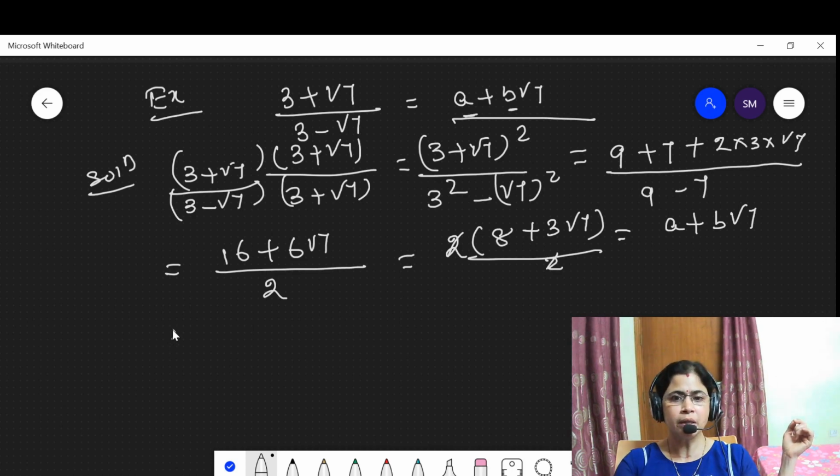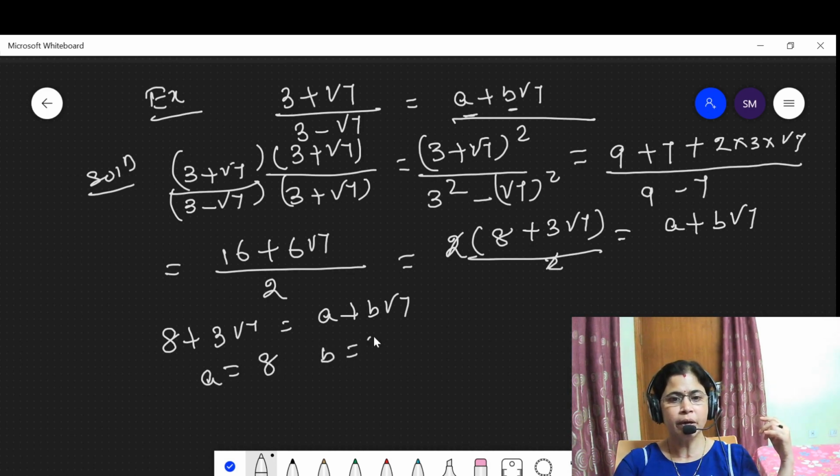By comparing, you get 8 plus 3 root 7 equal to a plus b root 7, so a equal to 8 and b equal to 3. When you compare the LHS with the RHS, you get the values of a and b.